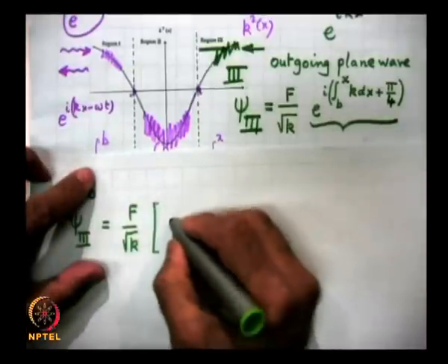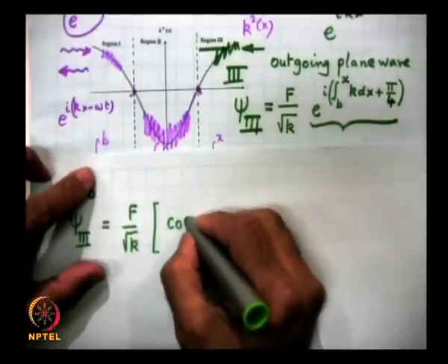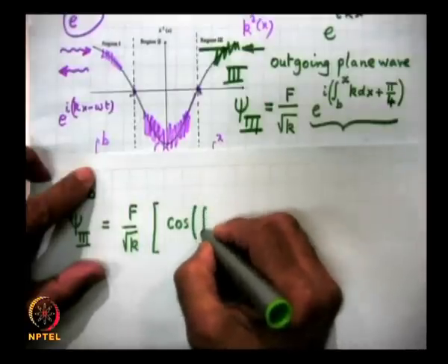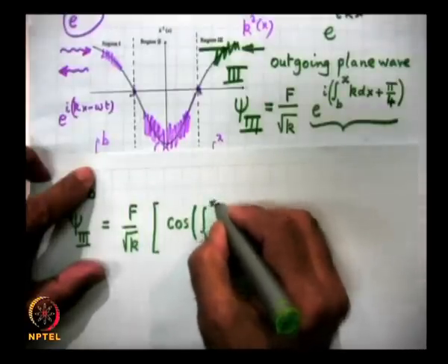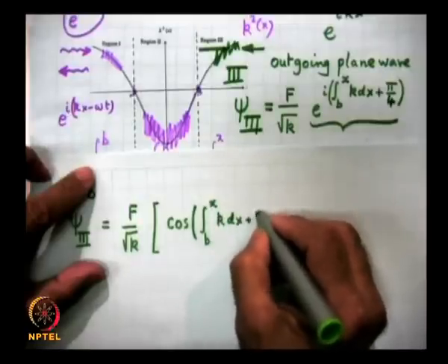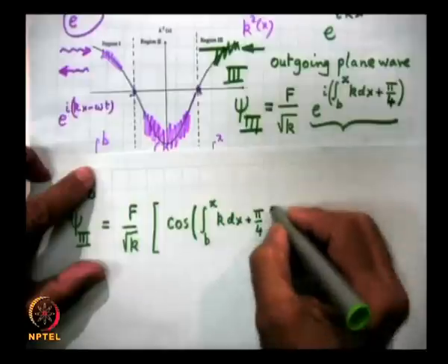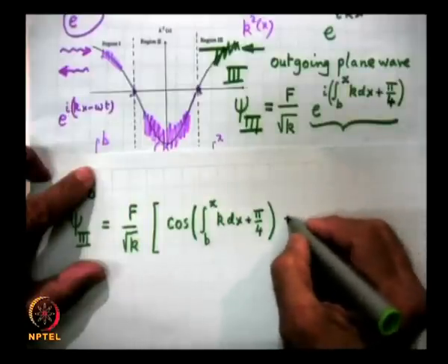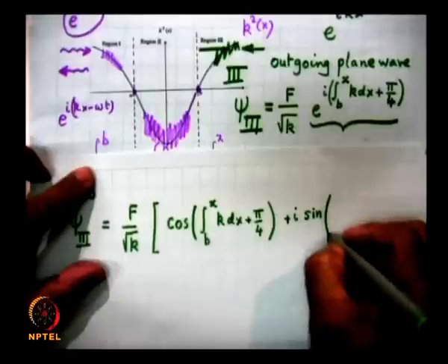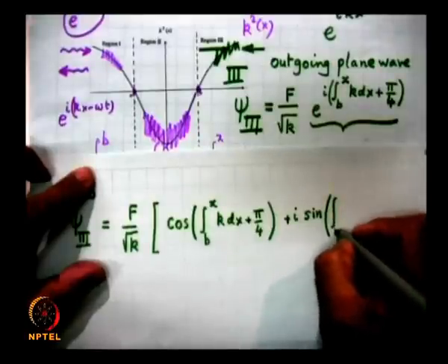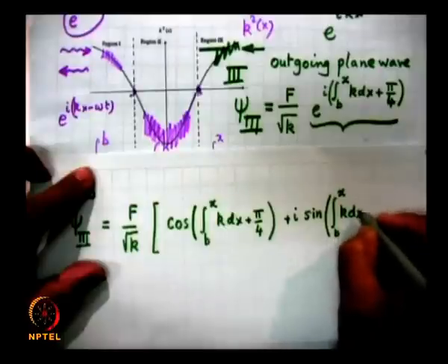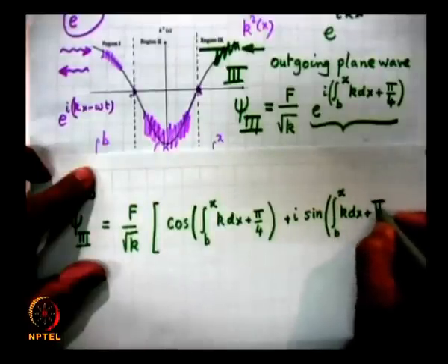So, you will have cos of integral b to x k dx plus pi by 4 plus I sine integral b to x k dx plus pi by 4.